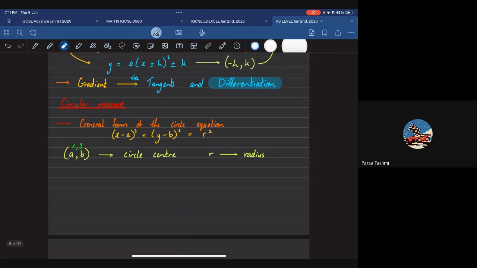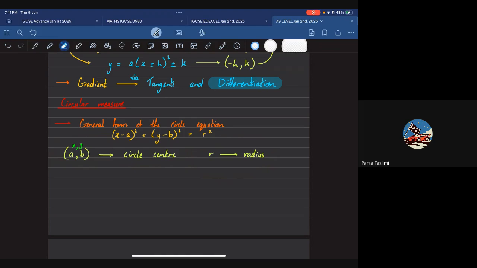In our last class, when we covered circular measure, we went through the general form of the circle equation, and what sort of information can already be obtained from the equation itself if a circle equation is given to you. Keeping this in mind, let's now continue on with this.